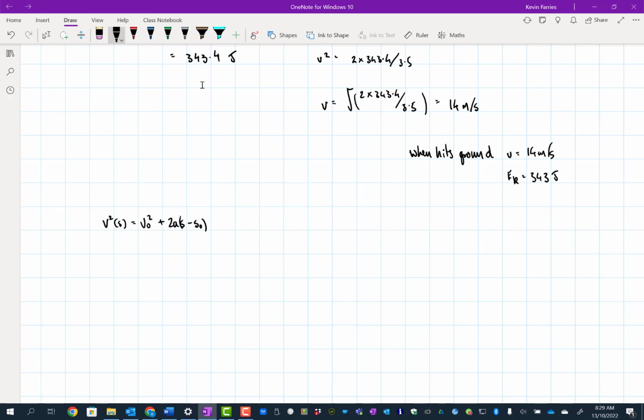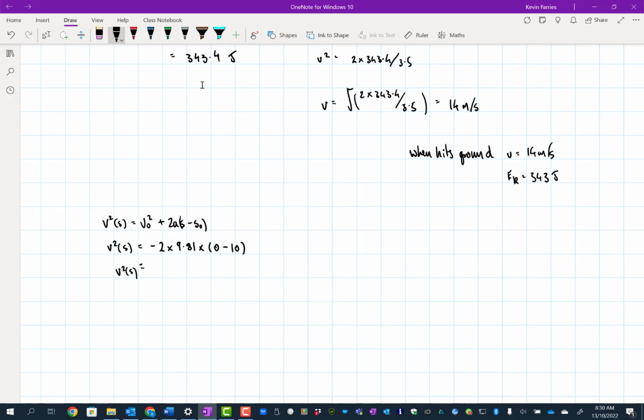Now, what are we going to get there? We want v squared of s. The v naught is going to be 0, and we could do minus 2 times, the reason I put the minus is because the gravity is downwards, 9.81 times the final position, which is 0, minus the initial position, which was positive 10 meters. So all those negatives are going to cancel out.